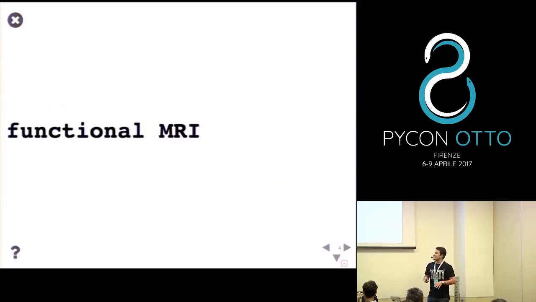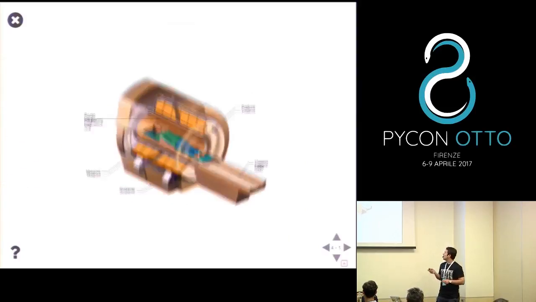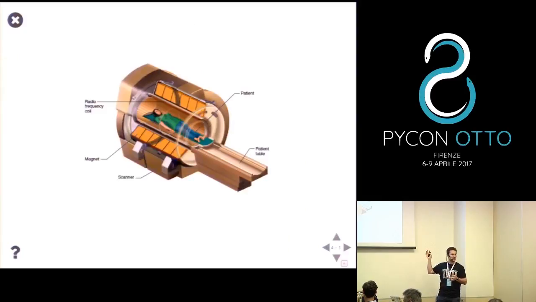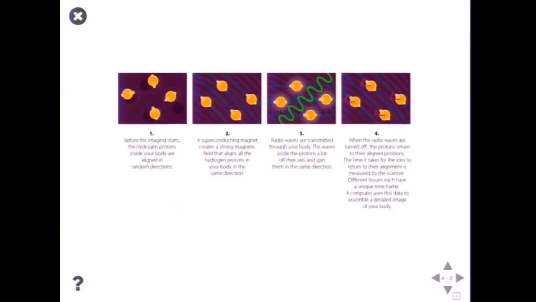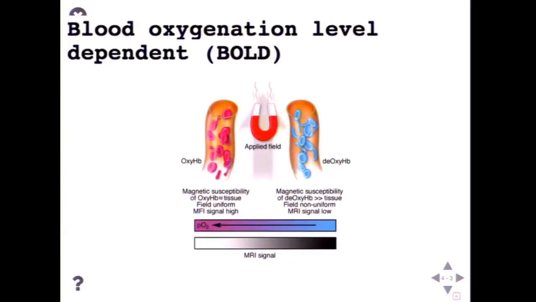So I'm going to explain a bit what functional MRI is. Well, an MRI scanner is a very fancy piece of equipment. It uses two very strong magnetic fields to spin the atoms of your body and detect the energy that they release when they go back from this spin, more or less. This is a very brief summary.